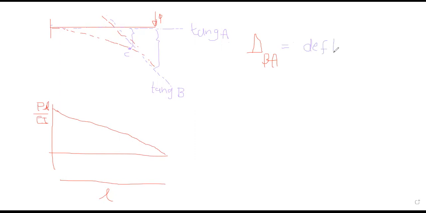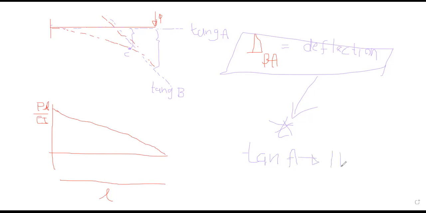So get the concept right, okay? The theorem says it's not the deflection, but you can find the deflection given that one of the tangents is horizontal.